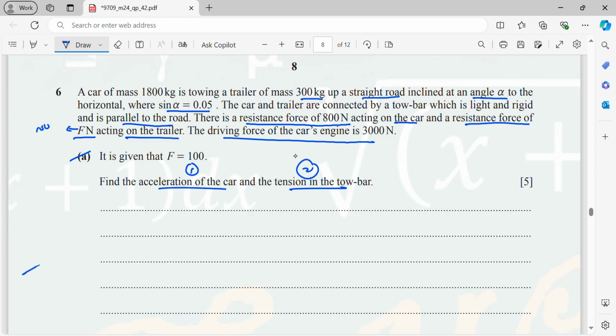Okay, so this is the diagram. Here is alpha, so sine alpha is 0.05.